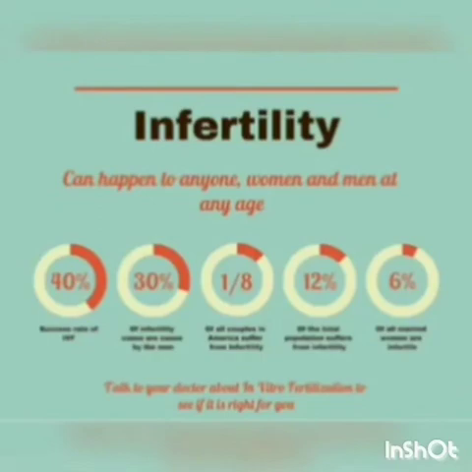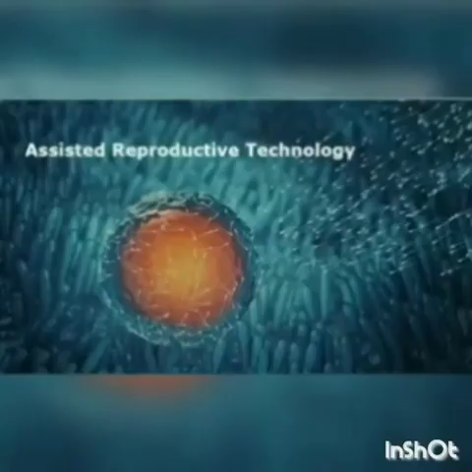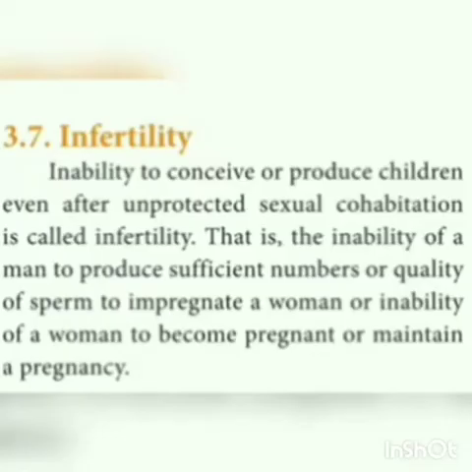We will discuss infertility and ART, that is assisted reproductive technology. First we see what is infertility. Infertility means inability to conceive or inability to produce children even after unprotected sexual behavior.